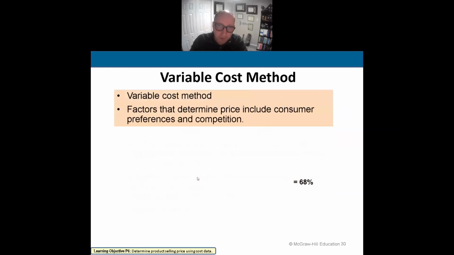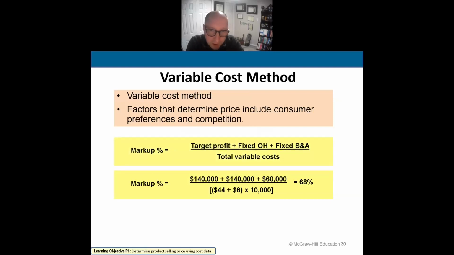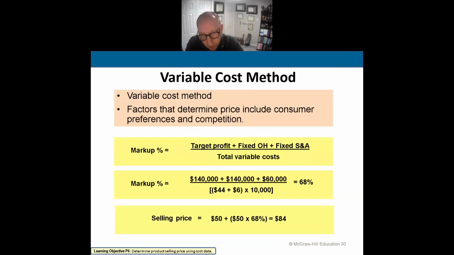Another method for pricing your product is called the variable cost method, where we take the target profit plus the fixed overhead plus the fixed selling and administrative expenses, divided by your total variable cost to get the markup percentage. Take your markup percentage plus your sales price, and you get your total sales price.